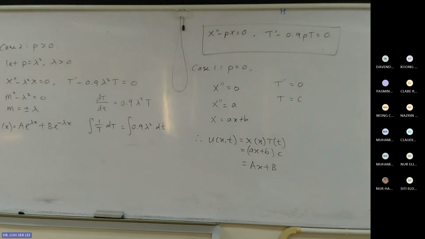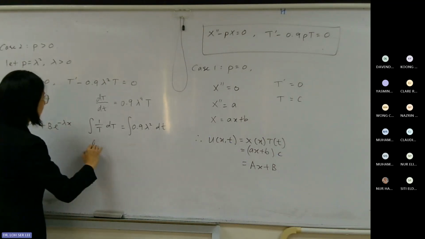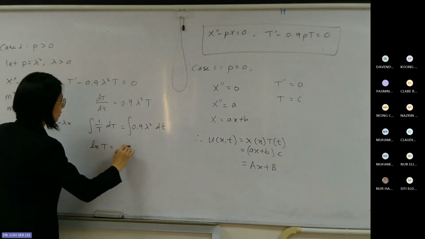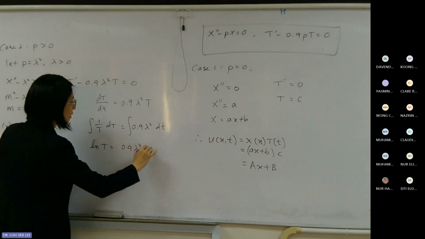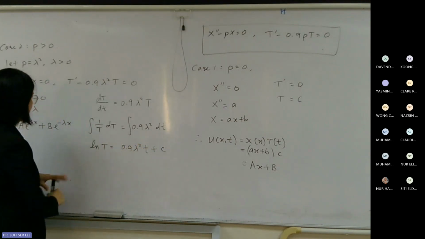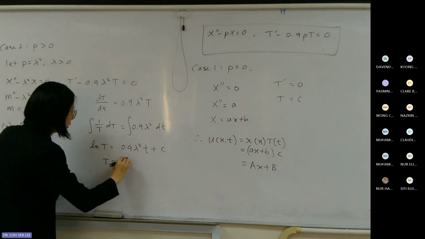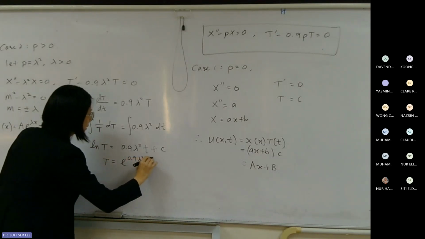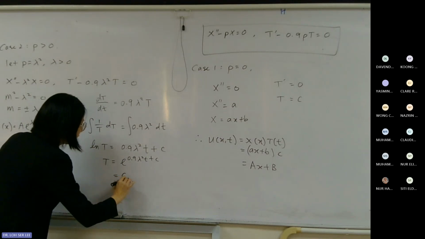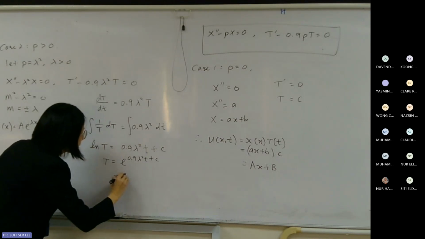So we get log T is negative lambda squared t plus C. So T is E to the power of that, times capital C.